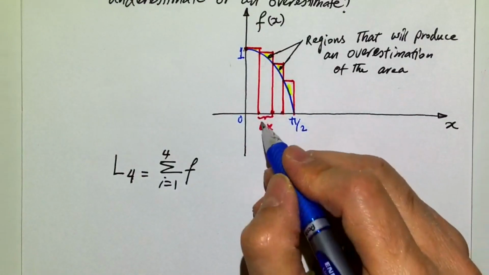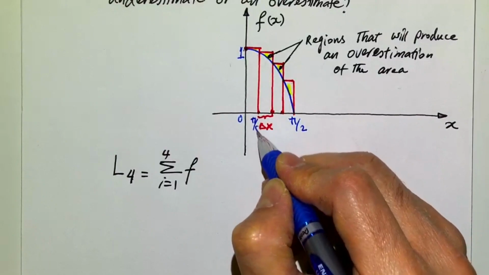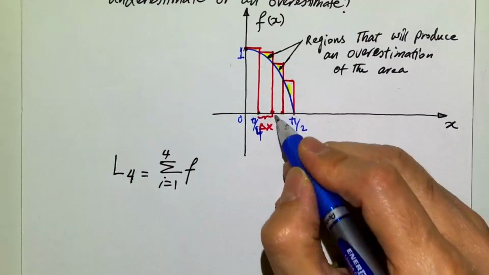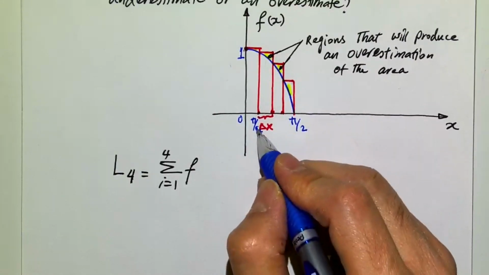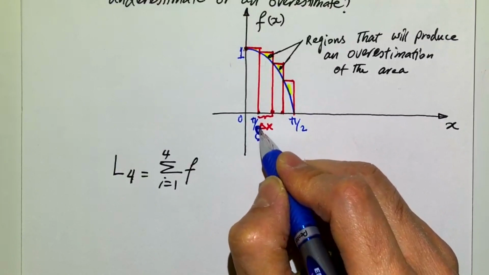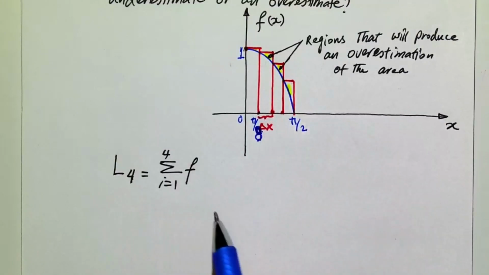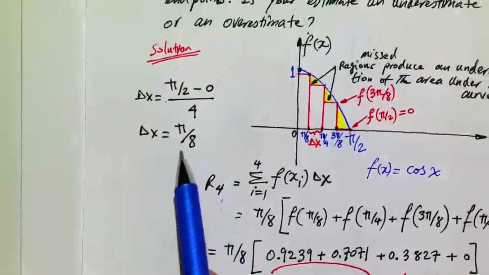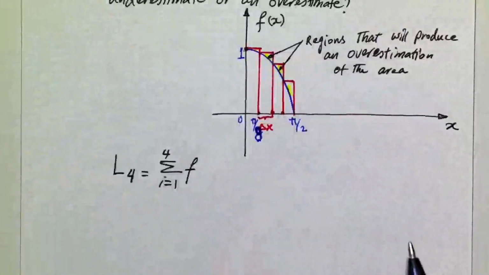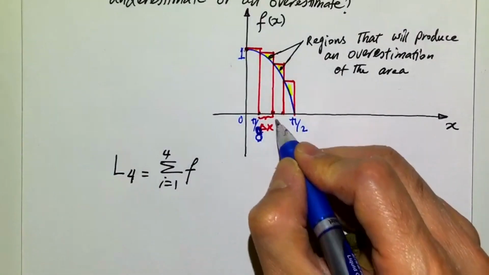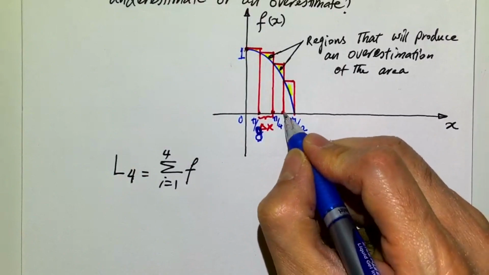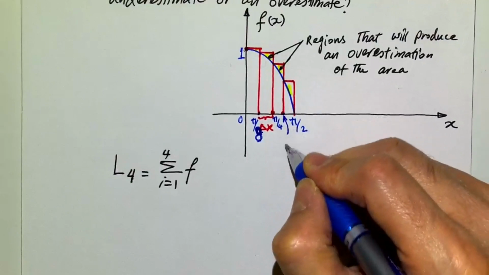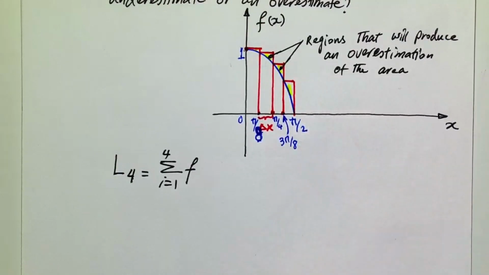Hopefully the drawing is not going to get too crowded, but that's 0, pi over 8, I meant pi over 8, because each increment, each delta x, goes from 0 to pi over 8, and then pi over 4. So that one is going to be pi over 4, and that one is going to be 3 pi over 8.